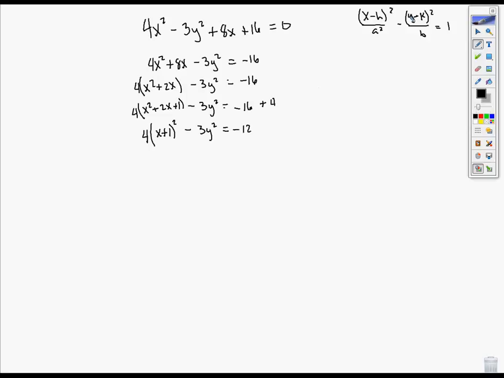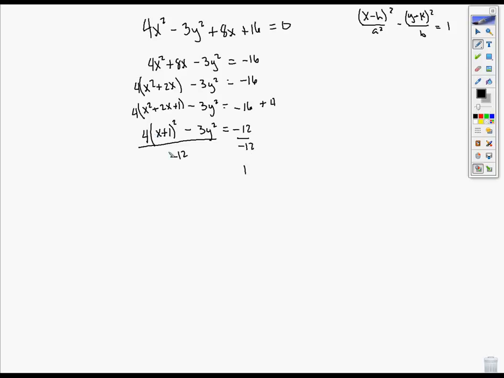And the way that I'm going to get rid of those actually helps me out in terms of changing this to a positive 1. So what I'm going to do is divide everything by negative 12. What does that do? Over here it gets me a 1.